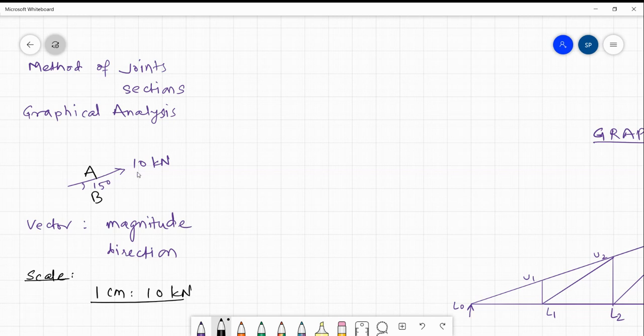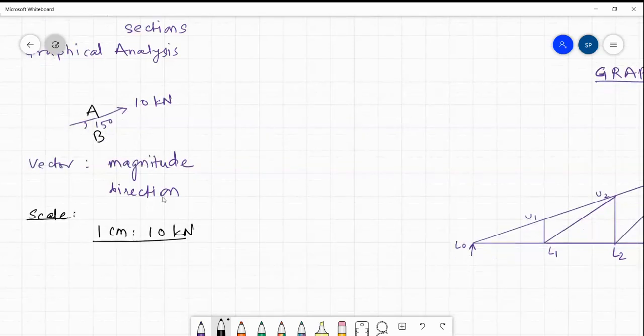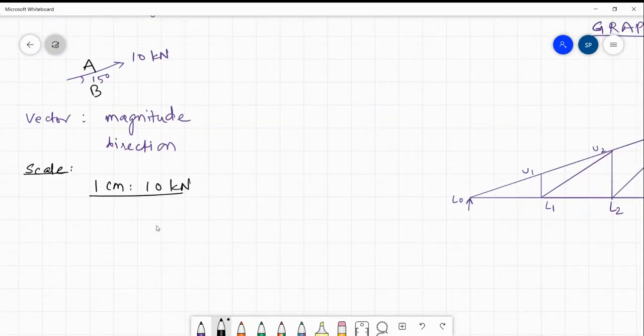Now to represent this 10 kilonewton force graphically, I will select a point, then measure a 15-degree angle from horizontal, and then draw a line measuring 1 centimeter. This distance has to be 1 centimeter. Then this particular line segment gives me force A to B, having direction 15 degrees and magnitude 10 kilonewton.